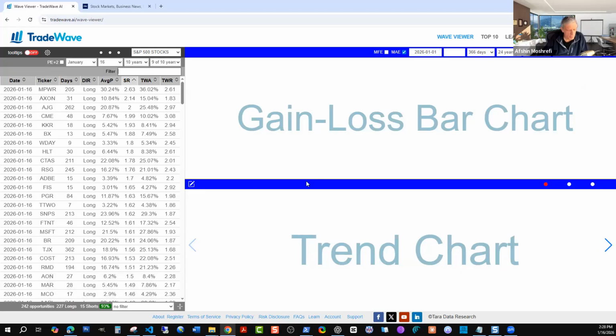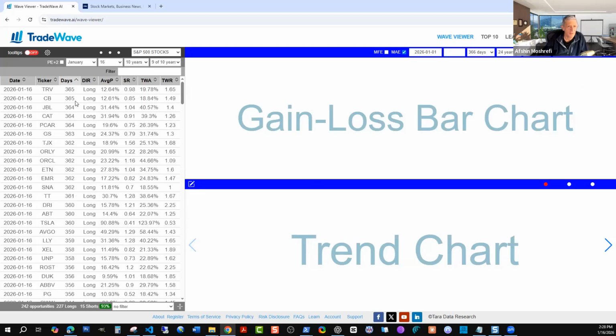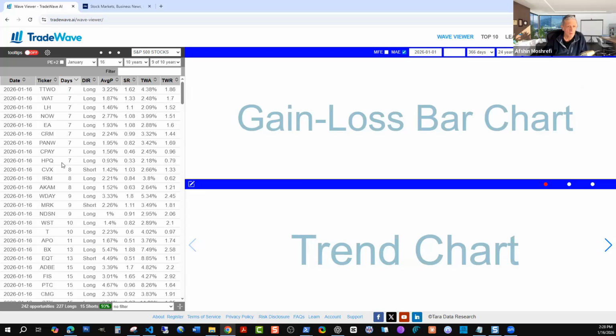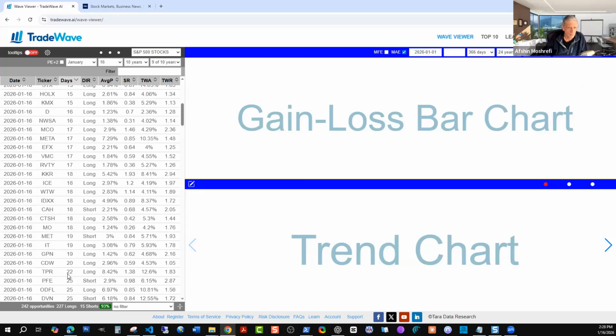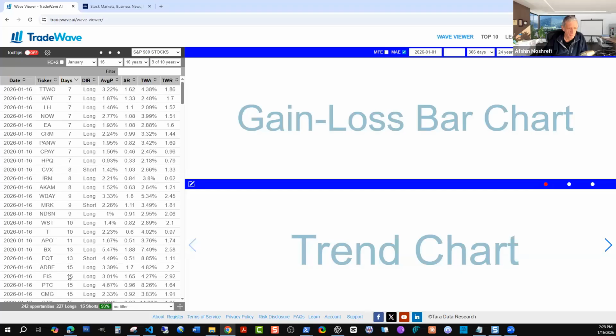Now I'm going to look for a shorter period. Right now, this is all days, in this case from 7 days to 365-day patterns. The lengths of the patterns are so different.